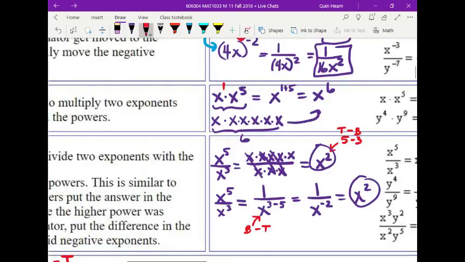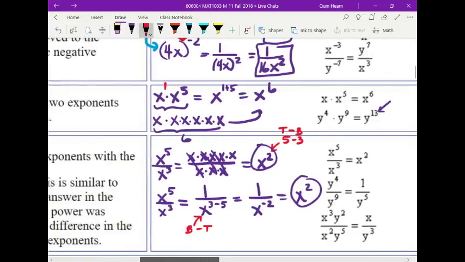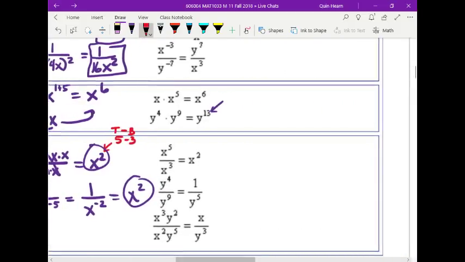Okay. All right, so let's look at a couple more problems. Here's a good example, y to the 4th over y to the 9th. If you do top minus bottom, you leave it as a whole number, or in other words, leave it in the top. You have y to the 4 minus 9, which equals y to the negative 5th.